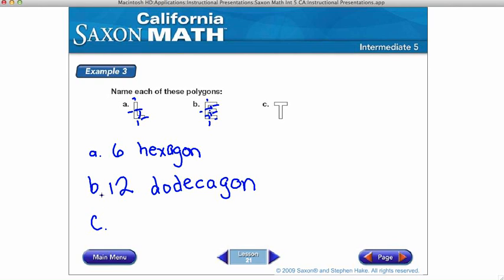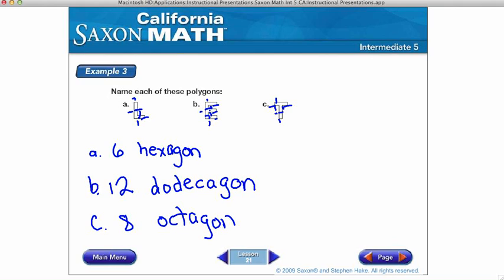And C has 1, 2, 3, 4, 5, 6, 7, 8 sides. And 8 sides is an octagon.